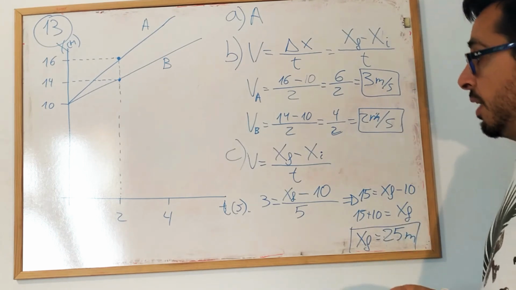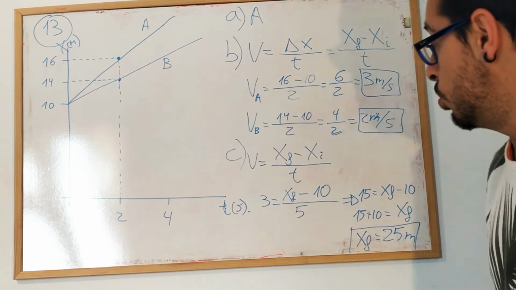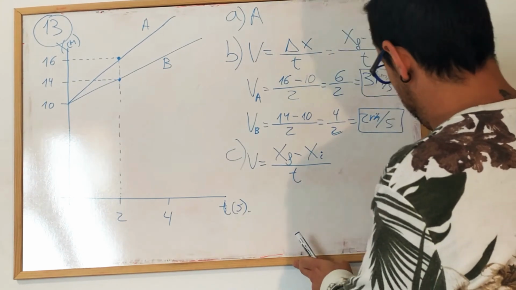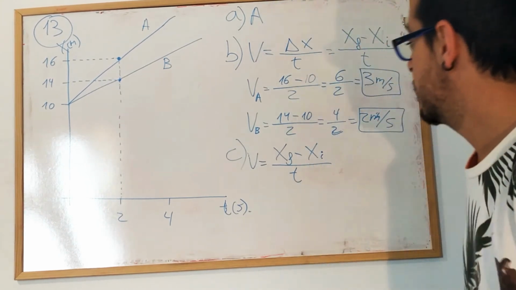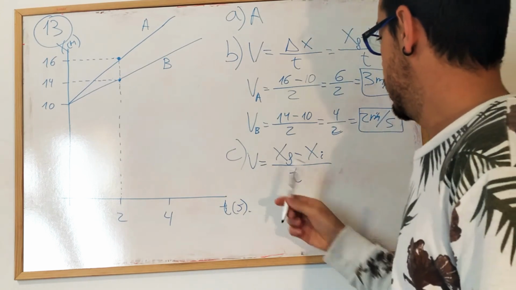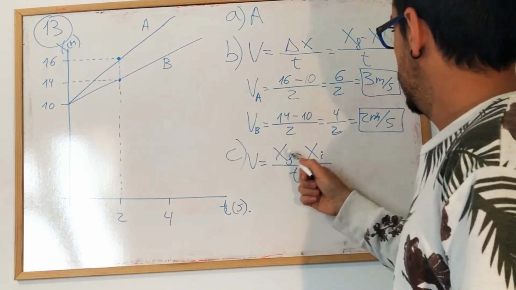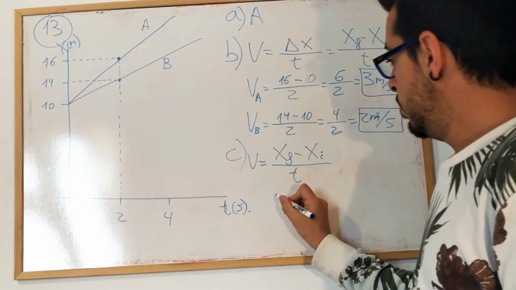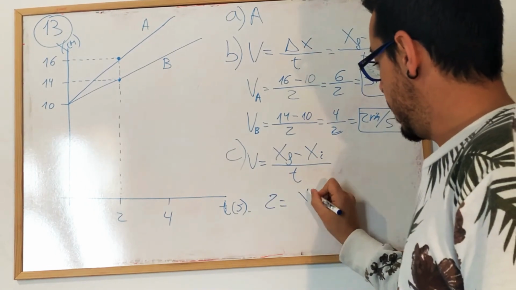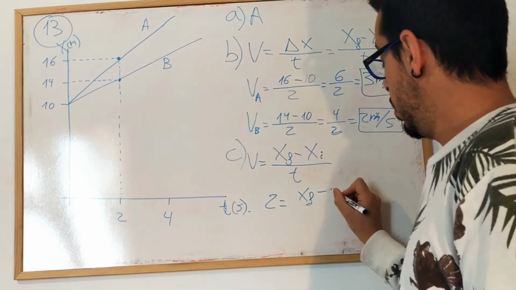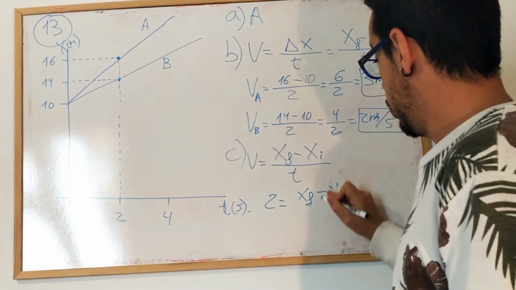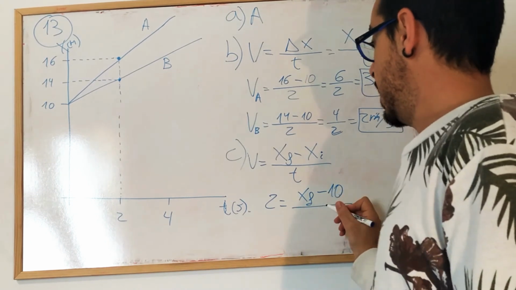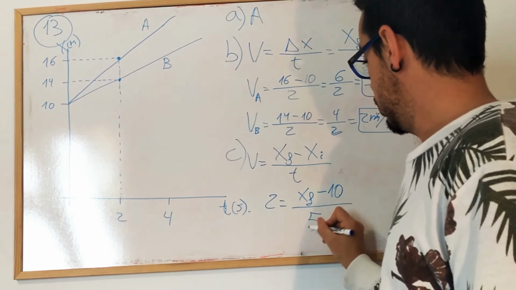And now, in the case of B, it's going to be the same. Velocity in B is 2 meters per second. 2 meters per second equals final position, that is what we want to know, minus the initial position, which is 10, divided into the time, and time is 5 seconds.